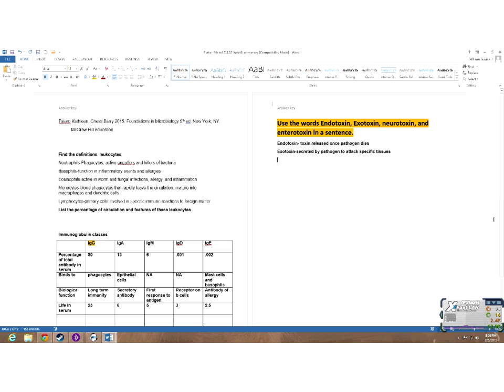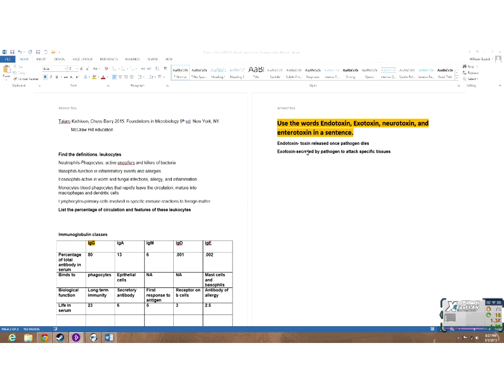So there's two different types of toxins she talked about, and this was like maybe one or two lectures ago. And she said endotoxins are released once the cell dies. The toxin's located inside the cell wall, I believe. And when it dies, it breaks apart and that toxin is released, and the toxin just goes and affects whatever. It doesn't attack anything specific, it just affects anything that it touches.